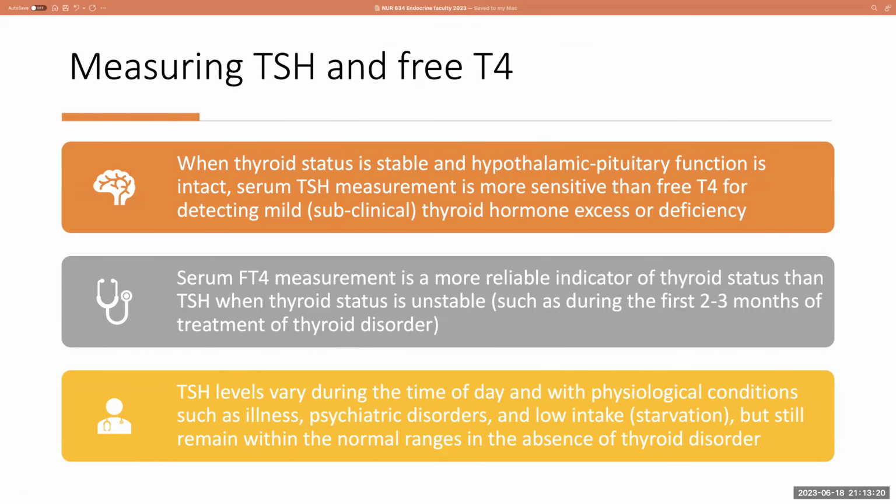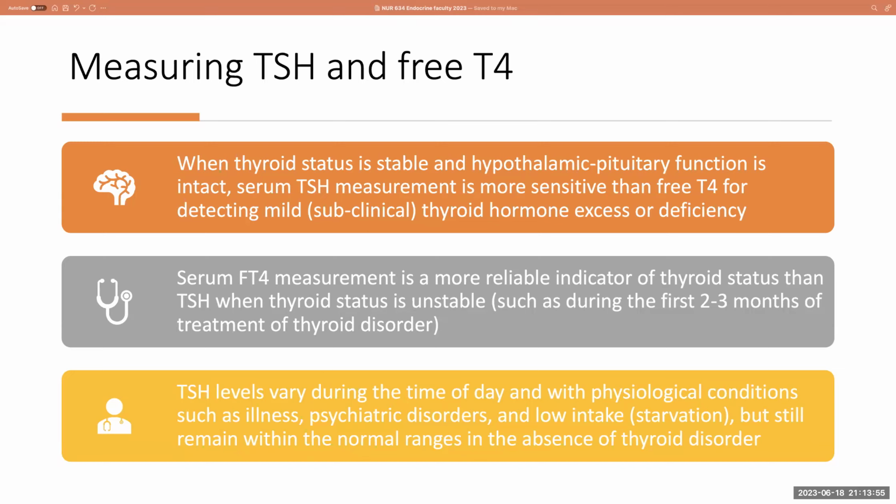When your thyroid status is stable and that HPA axis is working well, then your TSH, again, is your best bet when you're looking for any kind of thyroid disease. However, the serum free T4 can be a more reliable indicator of thyroid status than the TSH when your thyroid is unstable, such as when you begin treatment.